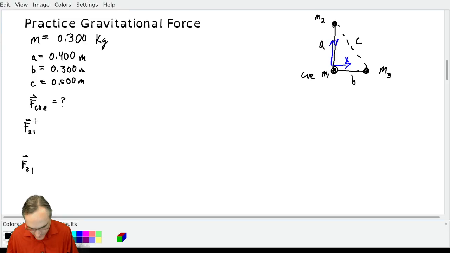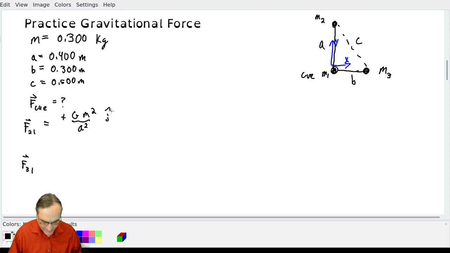All right, so first one, mass 2 and mass 1 acting on each other. We're going to have big G m squared, because they're all the same mass, m1 equals m2 equals m3. Then it's going to be divided by a distance that is A squared, and this is along the positive j hat direction acting on the cue ball.